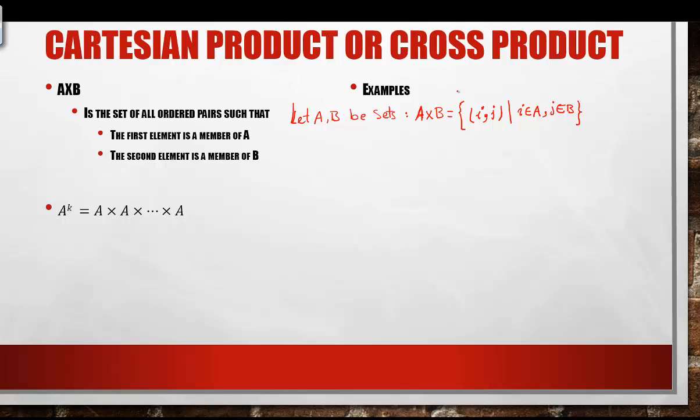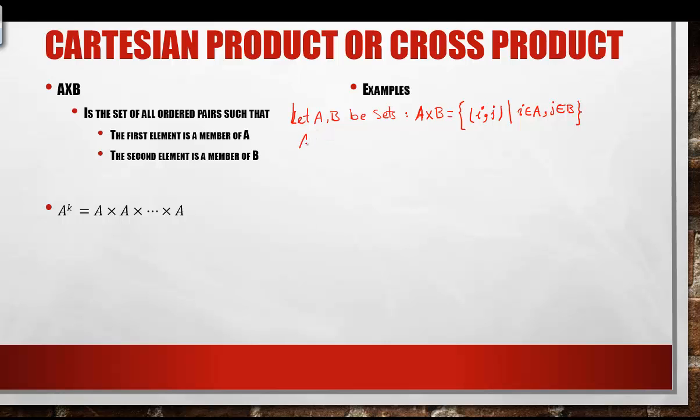So the cross product of two sets is effectively a set itself made of sequences, wherein the first element comes from set A, and the second element comes from set B. By extension, we could have cross products of three sets.